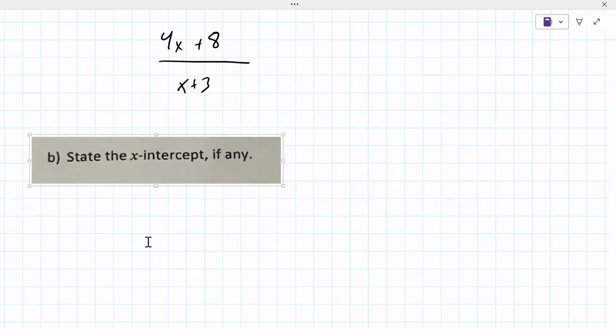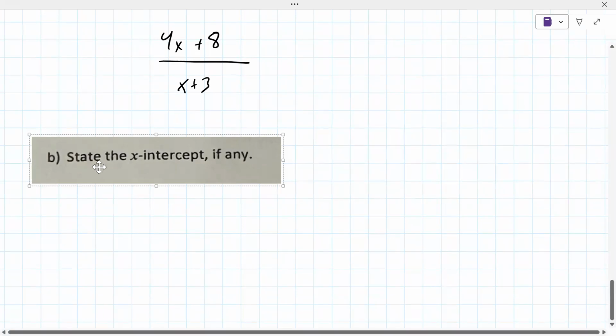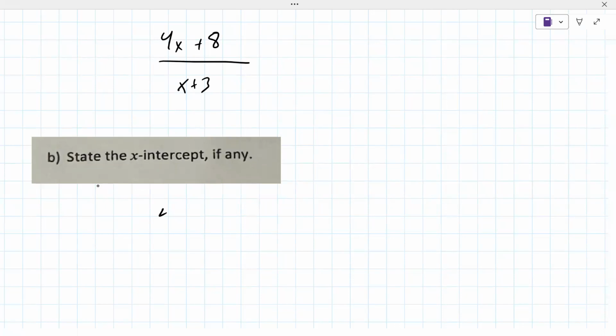We used either the top or the bottom. Which did we use in the 1C? Top. So what did we set the top equal to for the x-intercept? A negative 1.